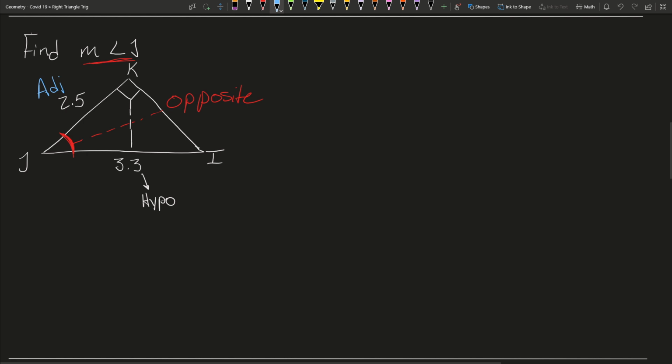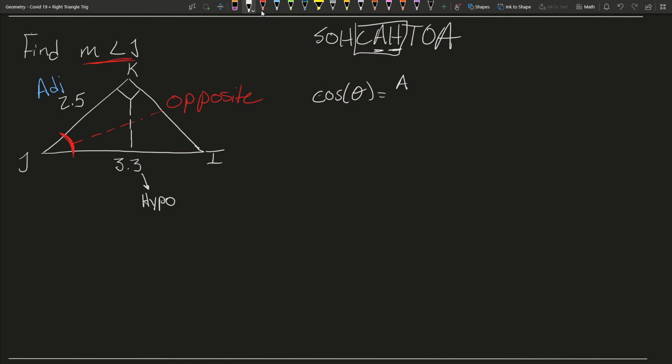So again, if we just recall SOHCAHTOA, we have adjacent and hypotenuse, so we'll be using cosine. So then we set up an equation. So cosine of our angle, we'll call it theta, is equal to the adjacent over hypotenuse.